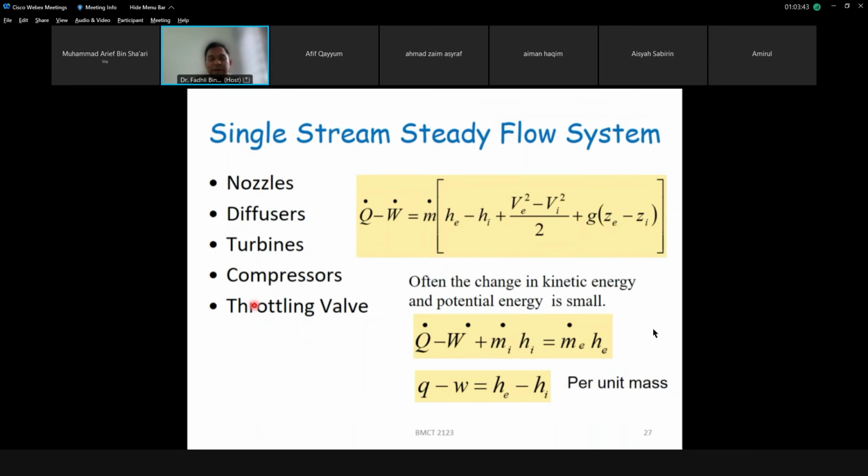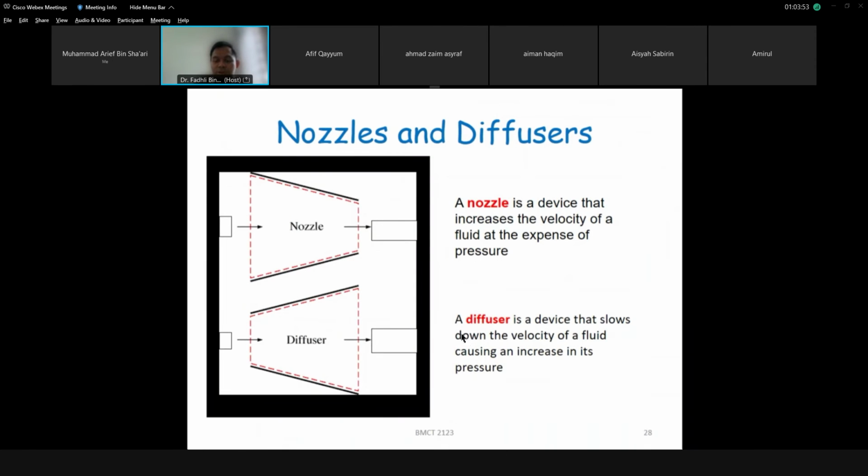Once you simplify the equations, then you can solve the problem. Okay, nozzle and diffuser, you have to know the definition first before you analyze the problems. You need to understand the function of the devices.